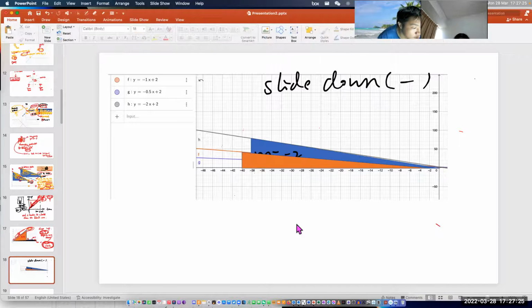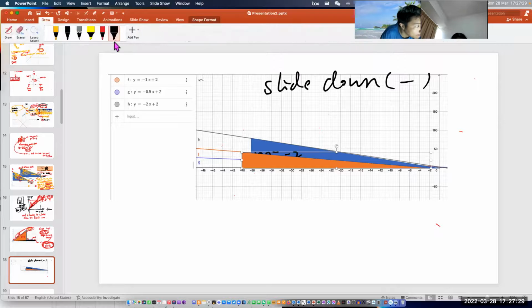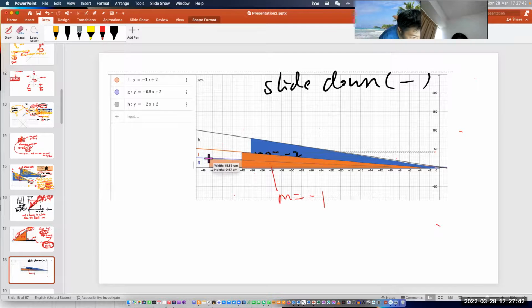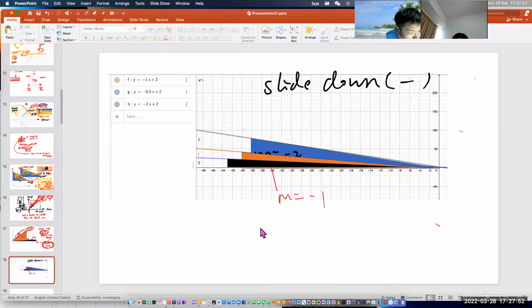So this is your m equals -1. So then finally you have the last one, which is m equals to -0.5. We change the color.